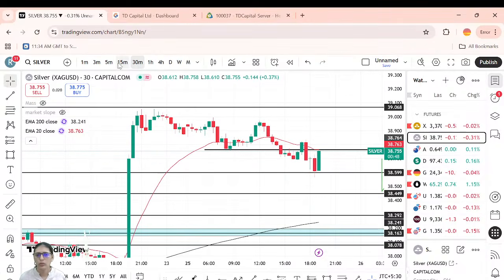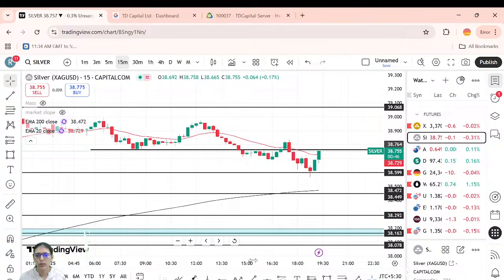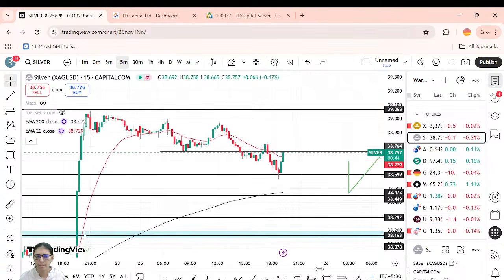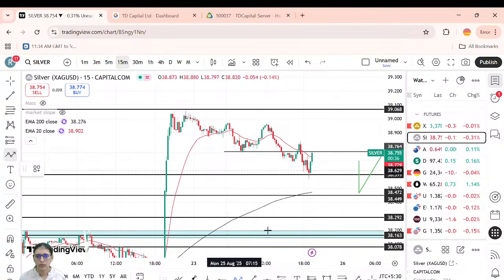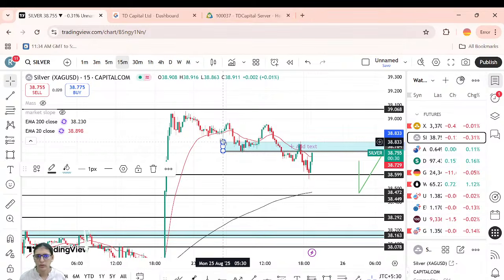Now, what is our next move? If you get silver at this area, something like this. One thing is, if you get it above this zone, there's a proper breakout of this zone, then you can plan a buy above this zone till here.